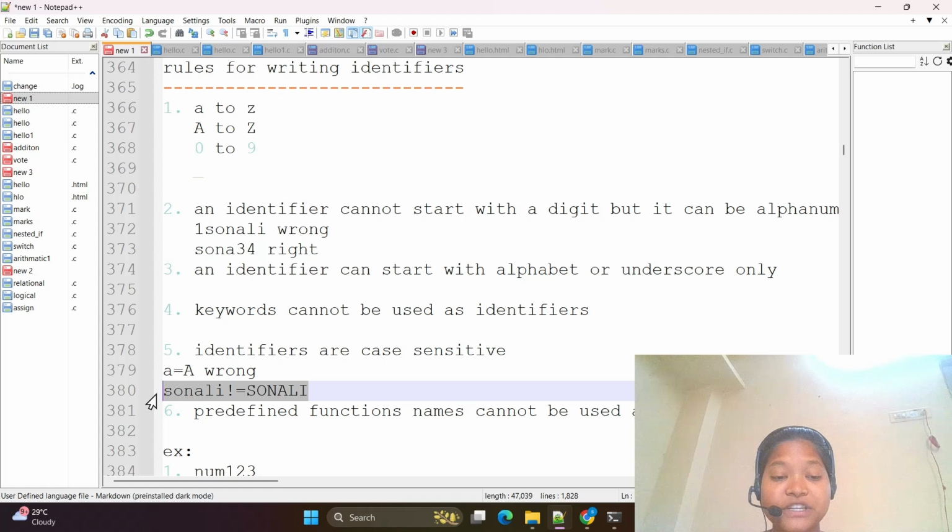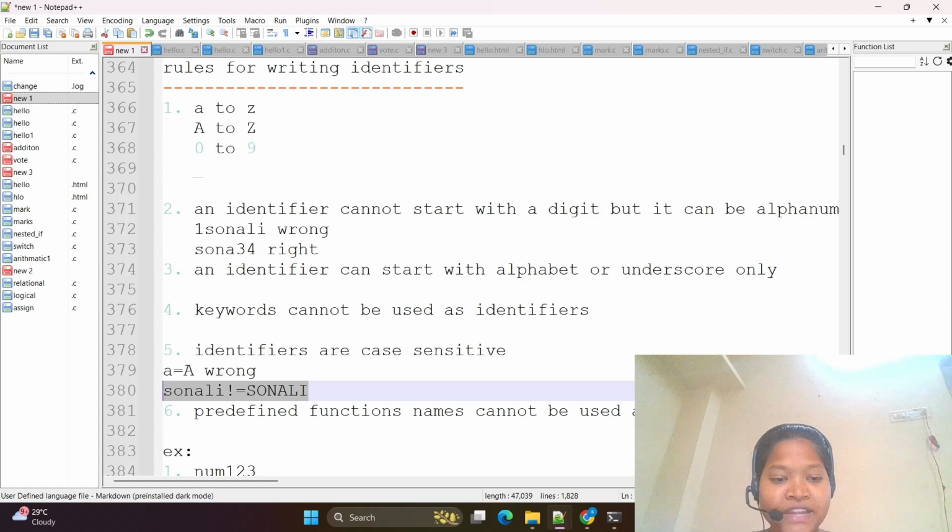Whether the pronunciation is the same, one is written in lowercase and the other in uppercase, so they are not equal. Did you get any idea regarding lowercase and uppercase? Lowercase and uppercase are the technical terms for small letter and capital letter.